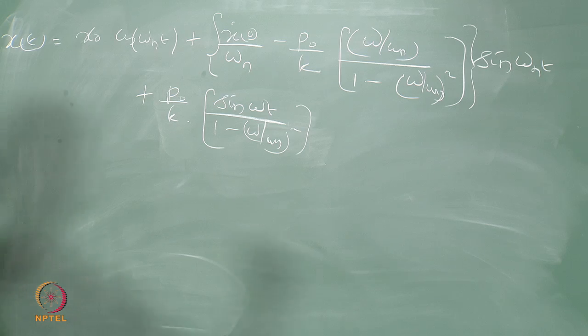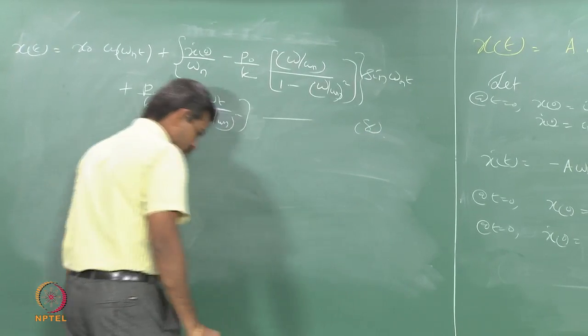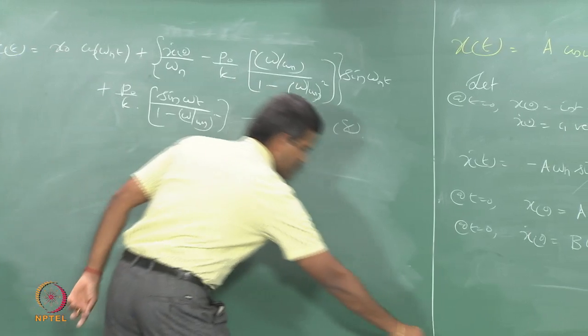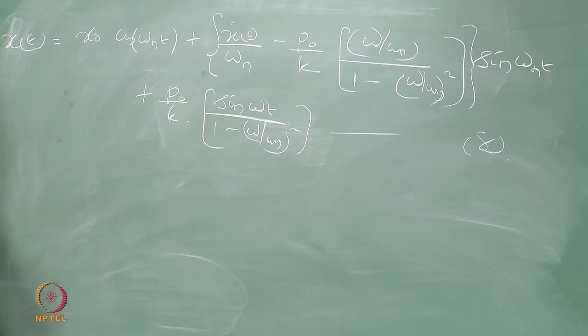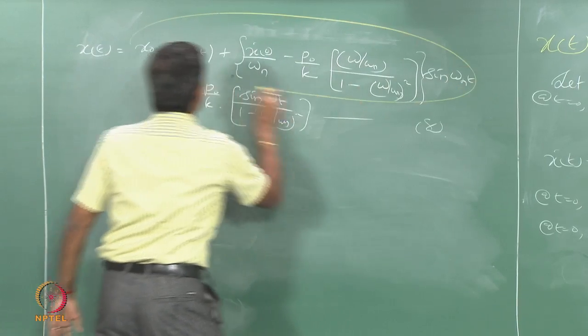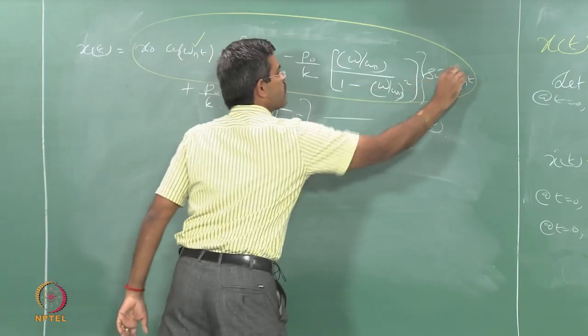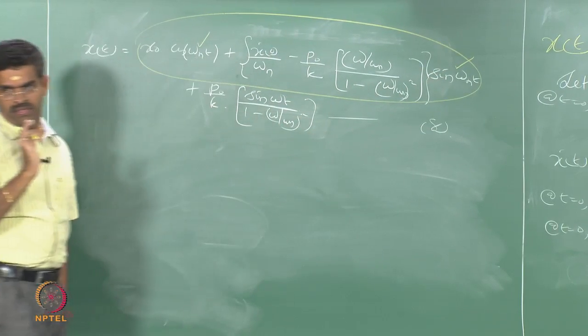Let us discuss this equation. I call it equation number 8. There are some interesting discussions on equation 8. Let us see what that is. Equation 8 has 2 terms. Why? There are 3 terms, but I will put them as 2 terms, because one term is a function of natural frequency, the other term is not a function of natural frequency.